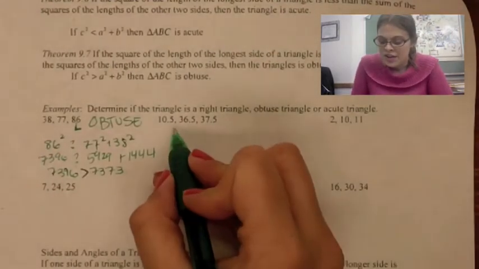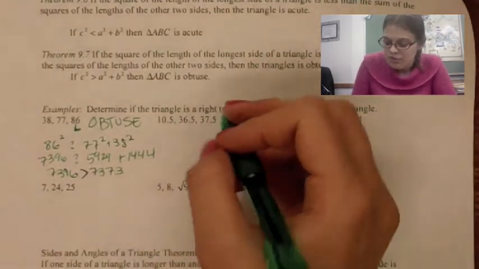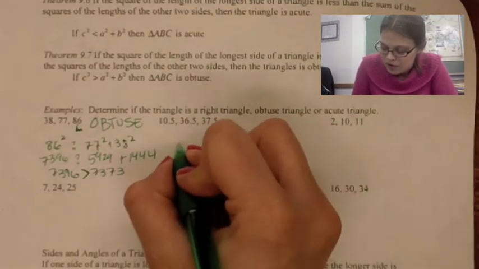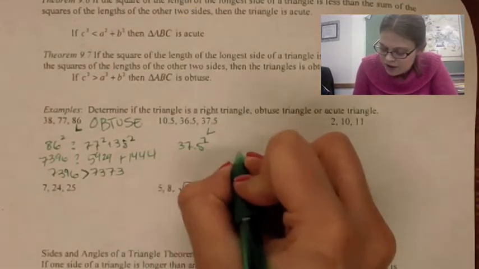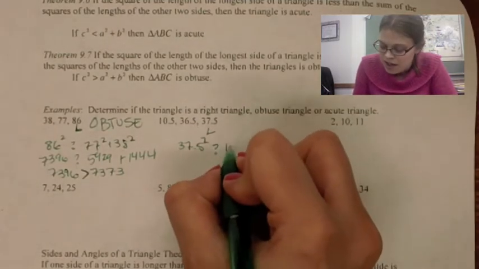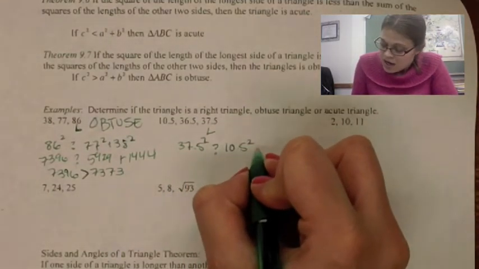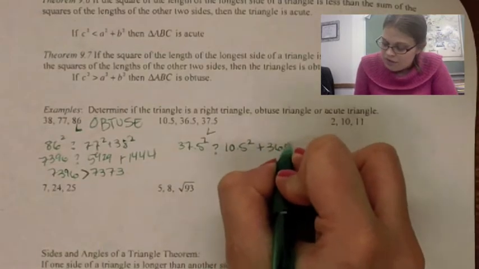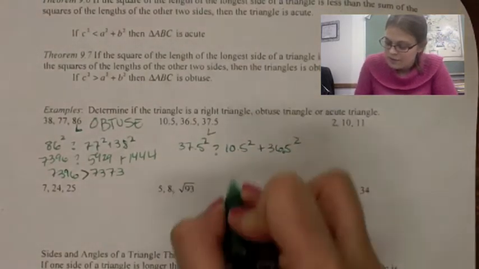On the next one, our 37.5 is the longest one. So I'm going to do 37.5 squared, and I'm wondering, is it going to be greater than, less than, or equal to 10.5 squared plus 36.5 squared.